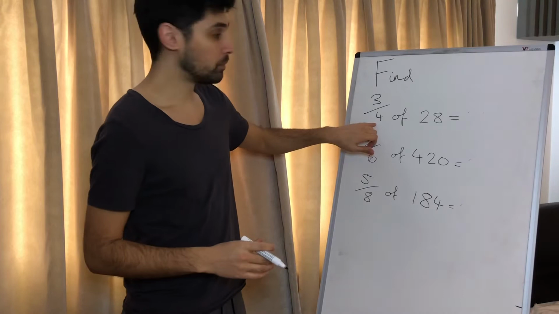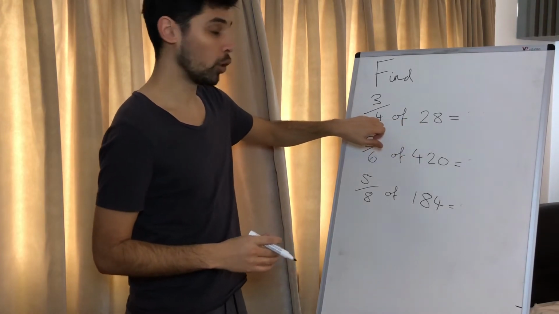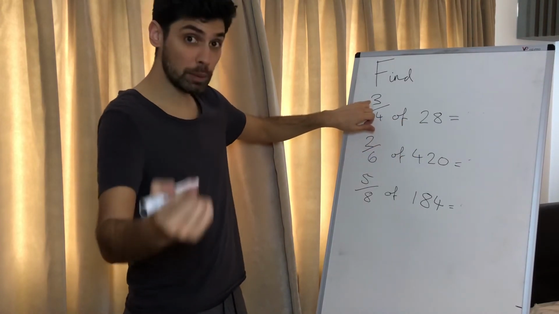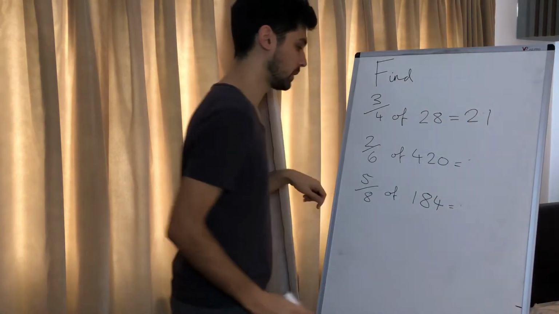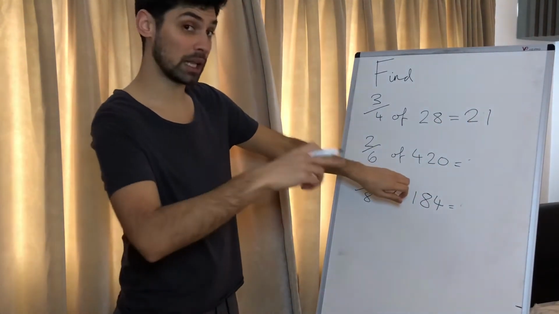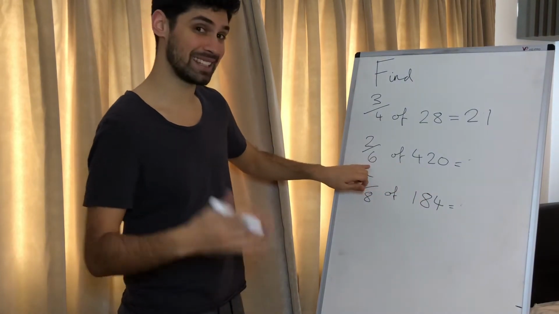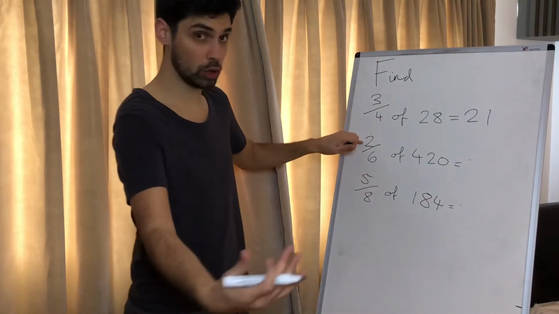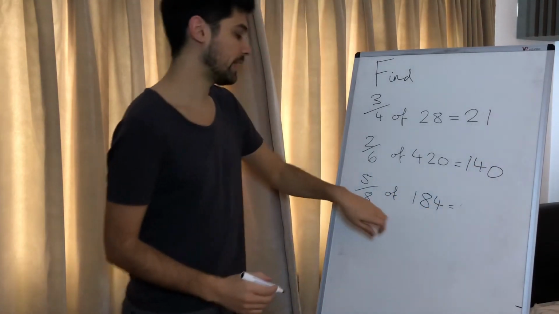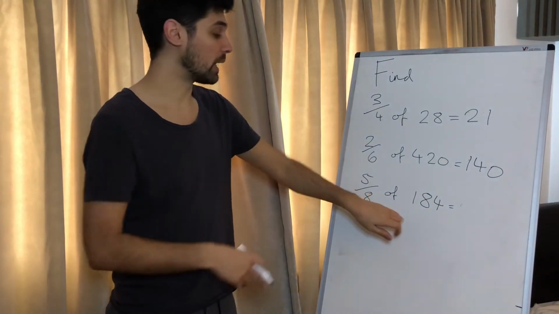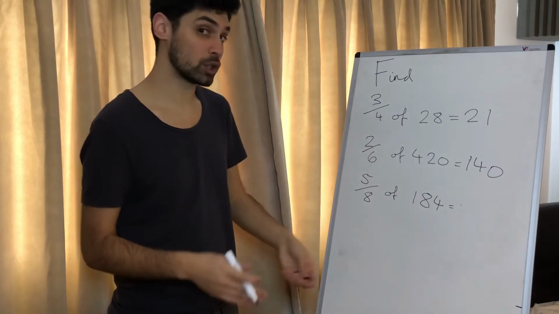Divide by the bottom. 28 divided by 4 is 7. Times by the top, times by 3 is 21. Divide by the bottom. Now from earlier we know that 420 divided by 6 is 70. Times 2 is 140. And here divide by the bottom. Remember from earlier, 184 divided by 8 is 23.